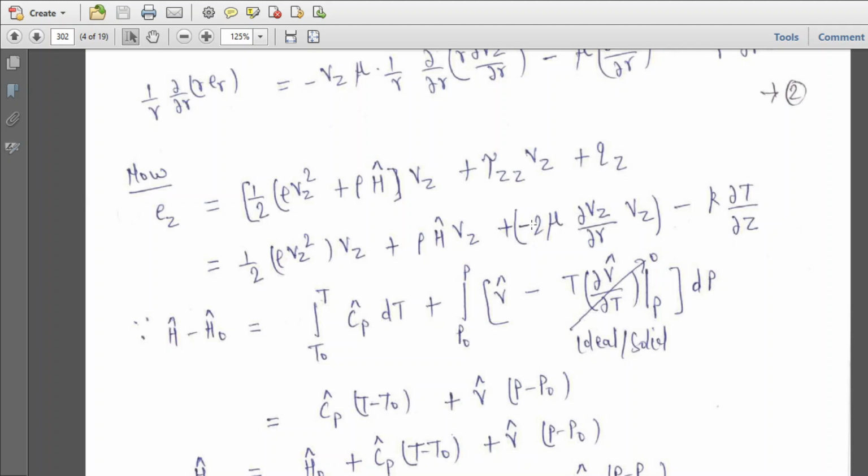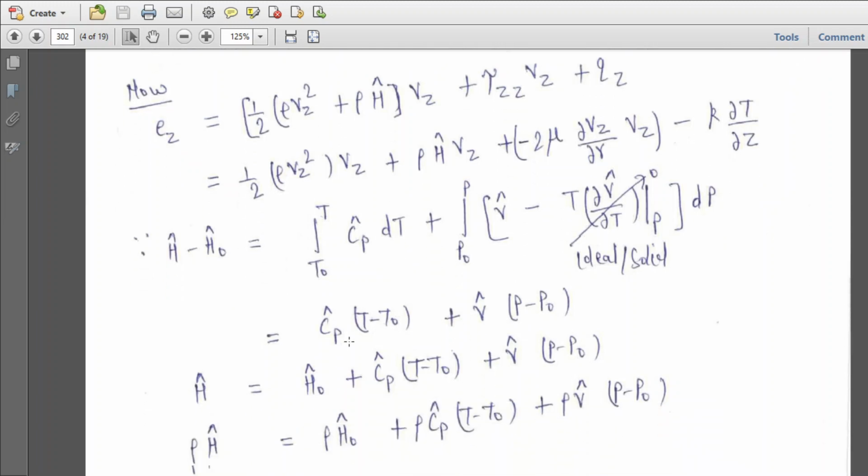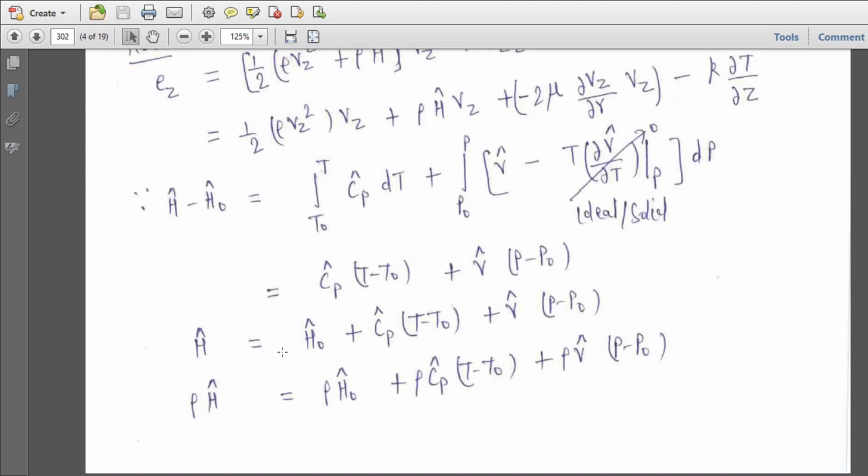You have tau Zz, minus mu del Vz upon del R Vz, and this is minus K del T upon del Z. Now H cap minus H naught cap is given by this from thermodynamics, and this term is getting cancelled, so finally you will end up here with Cp cap T minus T naught plus B cap P minus P naught. So from here you get the expression H cap equal to H naught cap plus Cp cap T minus T naught plus B cap P minus P naught. You can multiply it by rho, and you will end up with this one.